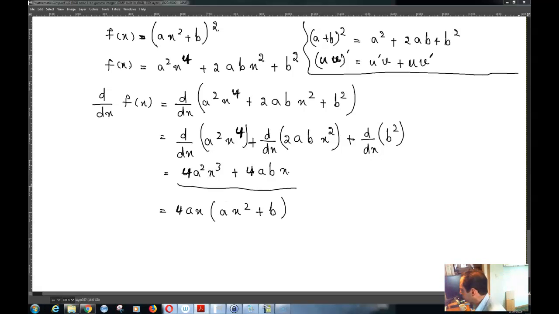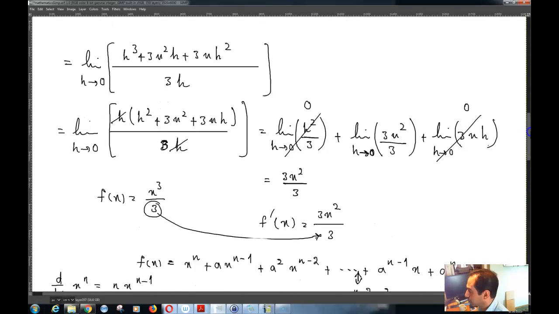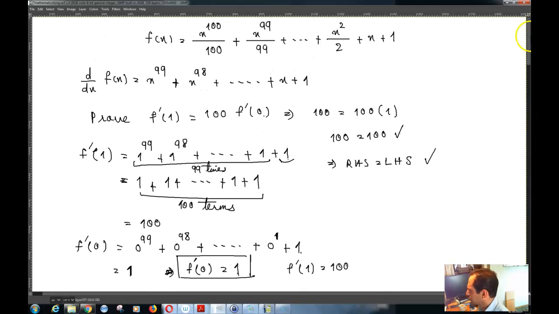Now the next part of this question is f of x is equal to x minus a over x minus b.